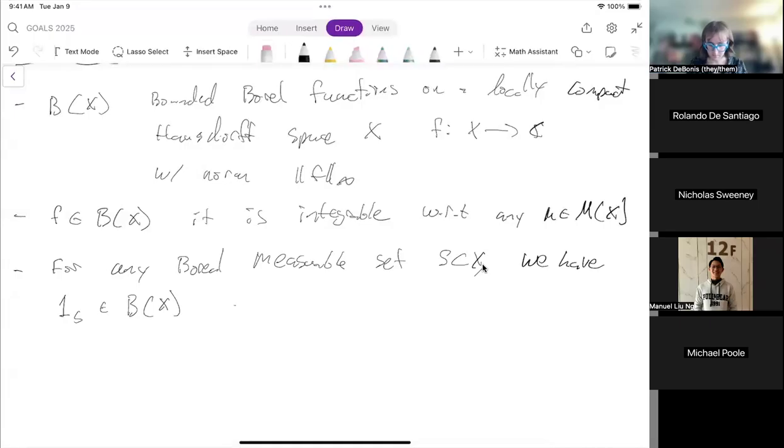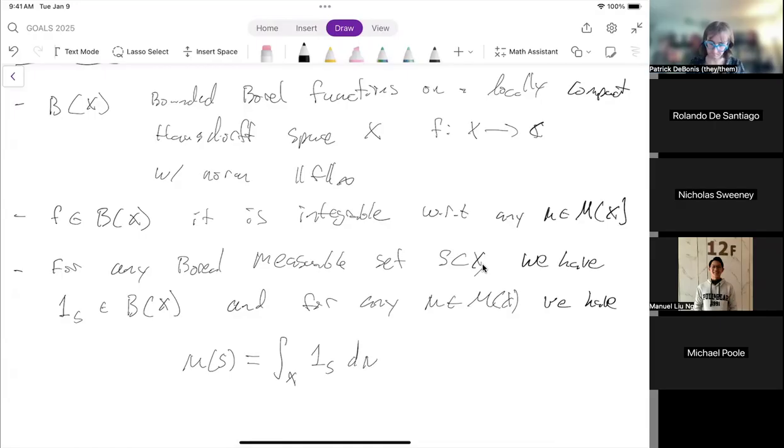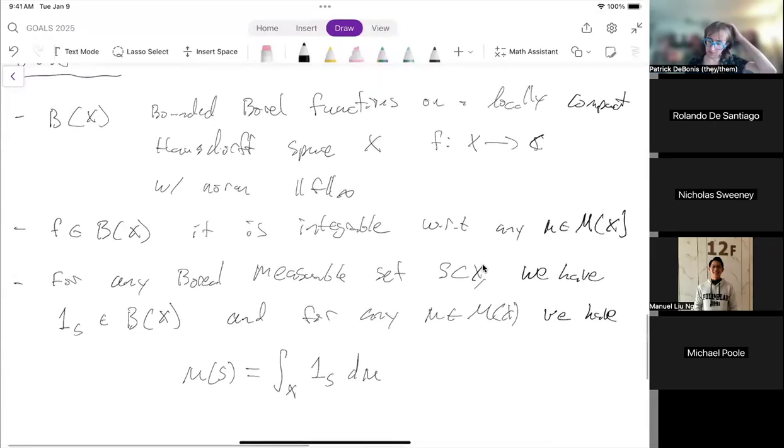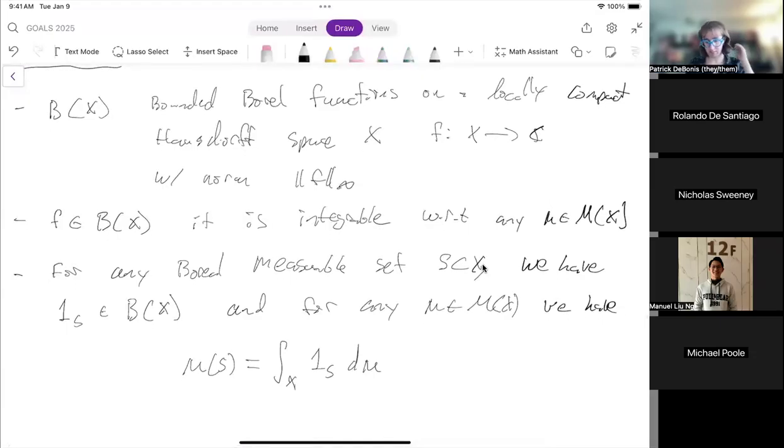And for any measure, the measure of this set is exactly integrating against that characteristic function with respect to the measure. So these are some observations about bounded Borel functions in general for any locally compact Hausdorff space.